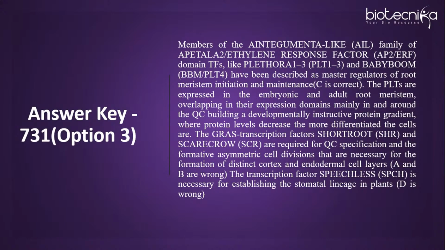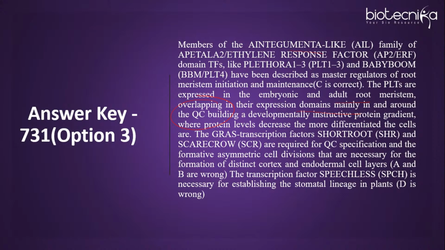A brief description is given here. Members of this family, AINTEGUMENTA-like, are a very important family of proteins, floral organ proteins. The PLTs are expressed in the embryonic and adult root meristem, overlapping in their expression domains, mainly in the quiescent center. I'm not going into the other details.